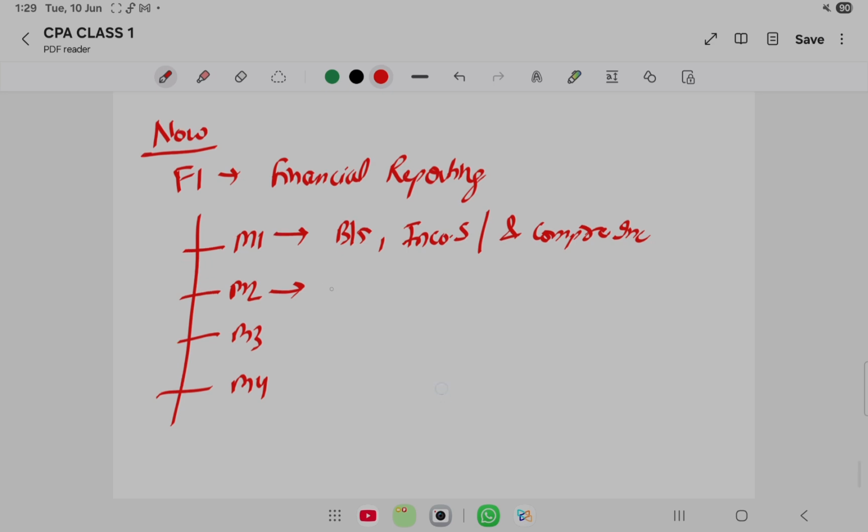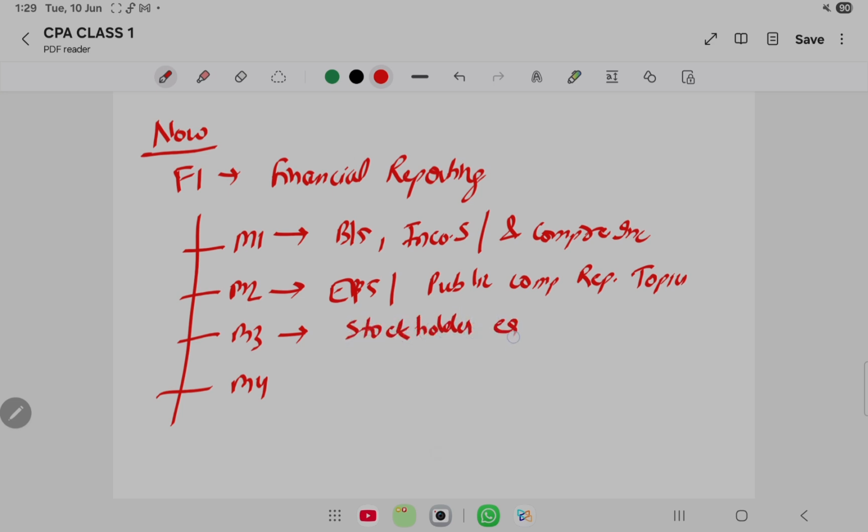M2 includes the EPS and the public company reporting topics. M3 is for the stockholders' equity part 1, and M4 is for the same part 2.